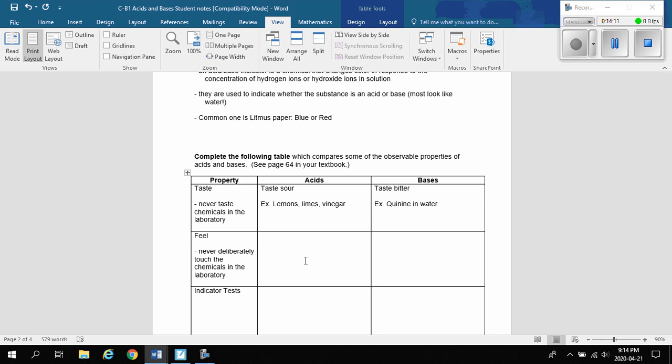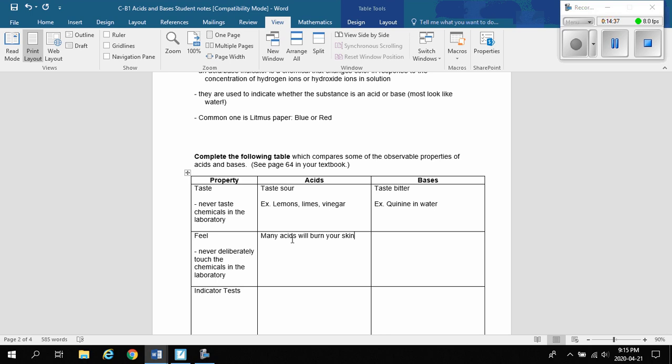So acids, some other properties for them. How they feel. If you have something that's acidic, many acids will actually burn your skin. Even things like lemons, if you get lemon juice on your hand, it'll do a tiny bit of damage to your skin, right?